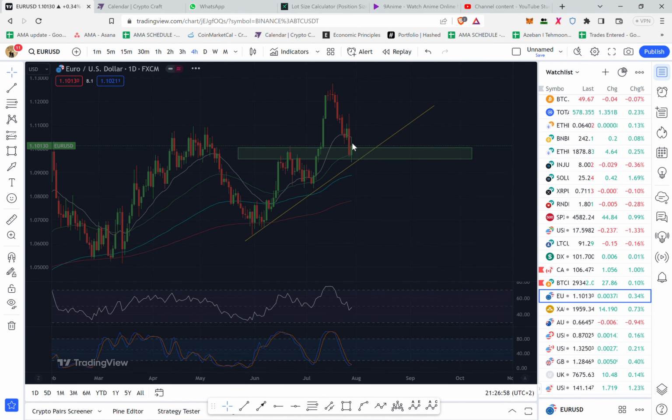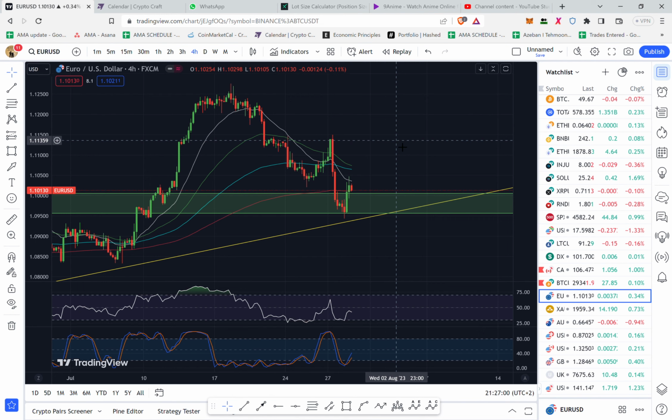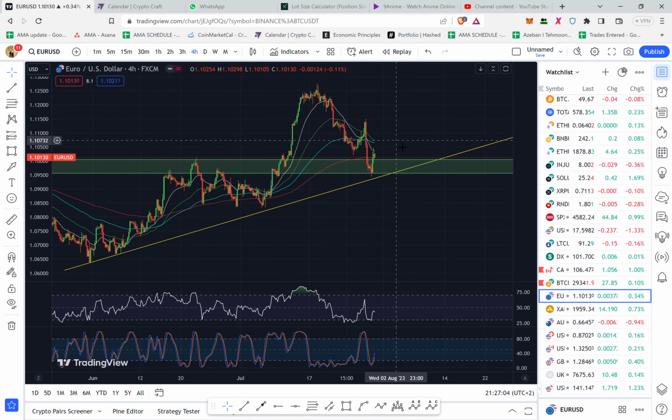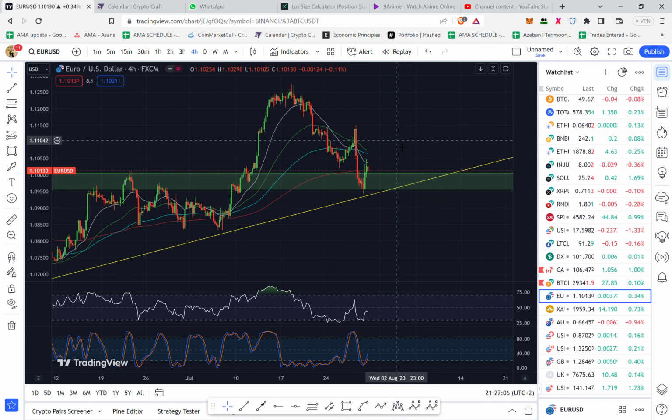Let's look into more of the time frame for an entry trade. Let's see what we have here. Alright.